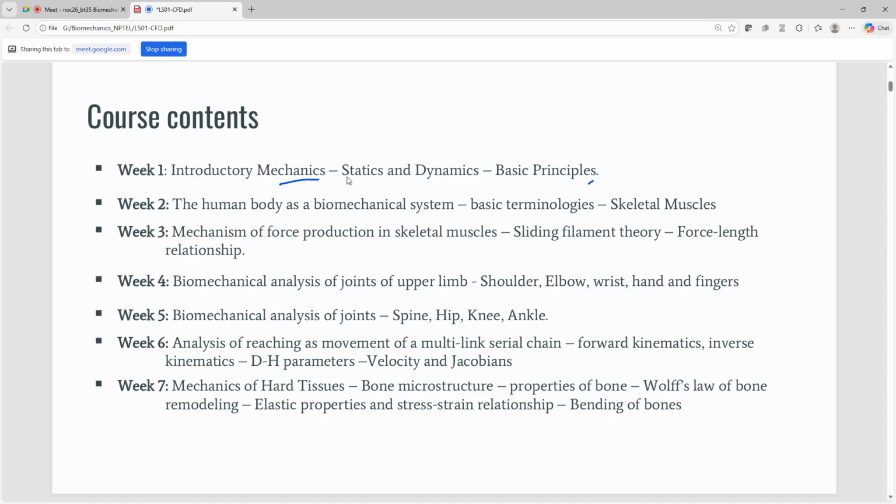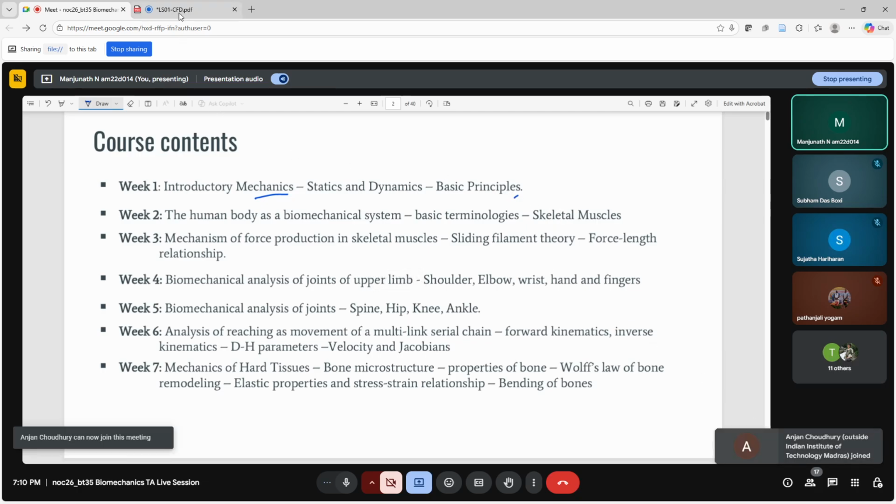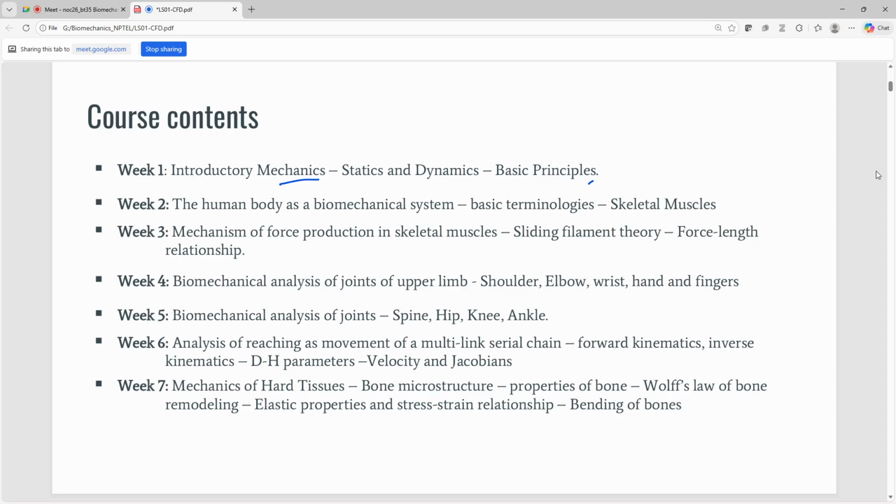So week 1 is a refresher for all those basic principles, because only if the basics are good can we go for the complex mechanical calculations. In week 1, if you have seen the videos, mostly the contents related to forces and transmission principles are discussed in detail.